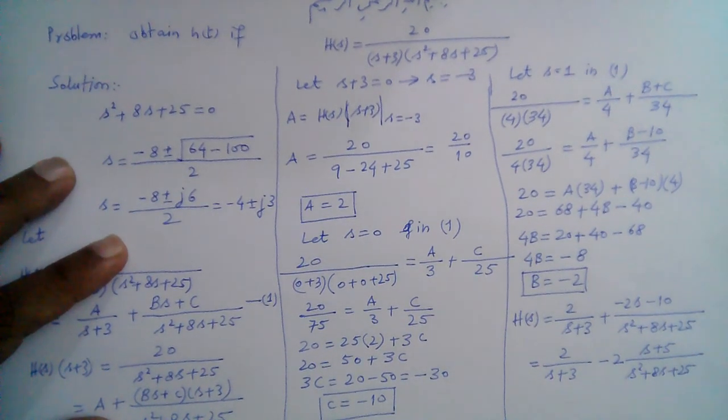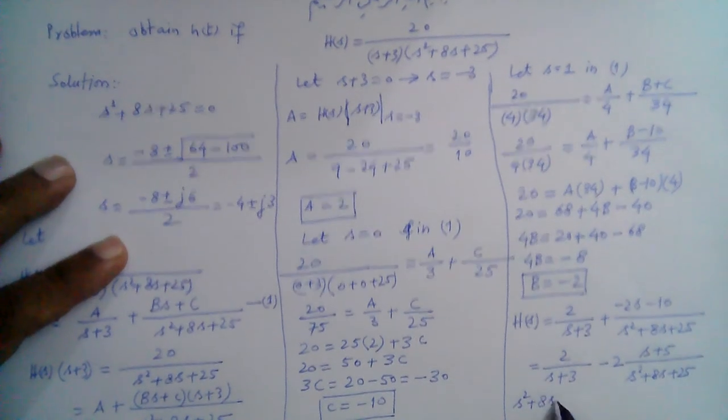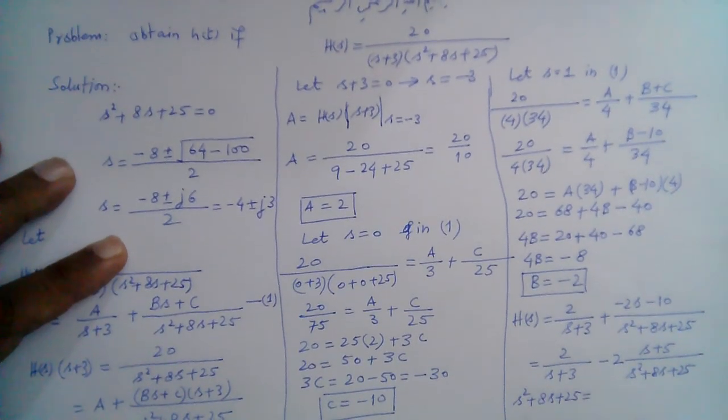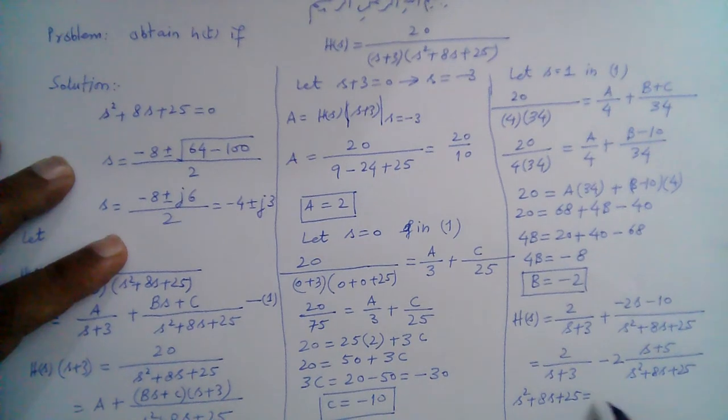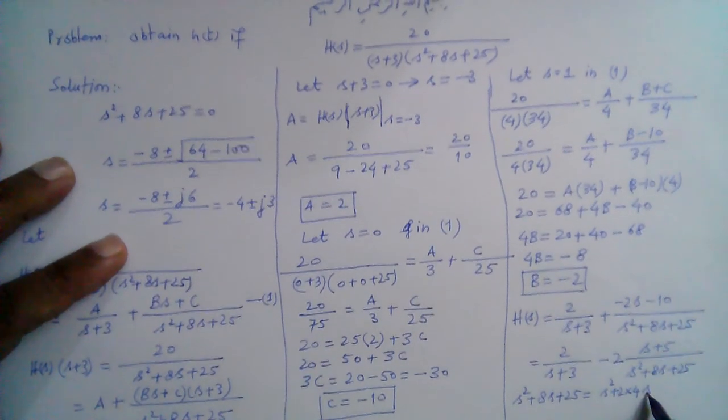So this s square plus 8s plus 25, let's see this, it can be written by completing the square something like this, s square plus 2 into 4s, right?